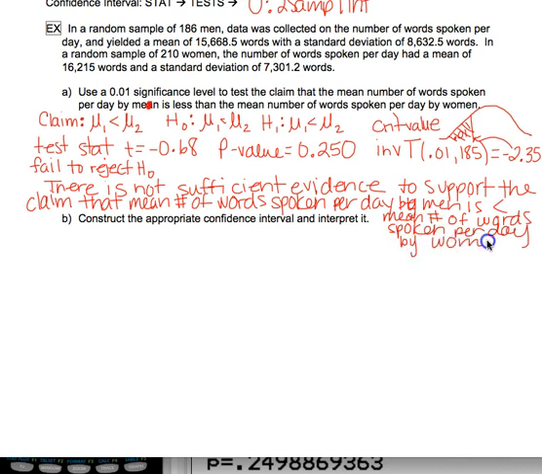You do, as I've said in many of the other lessons, you do need to write the whole thing out. Make sure that you have stated the claim in words in your final conclusion.